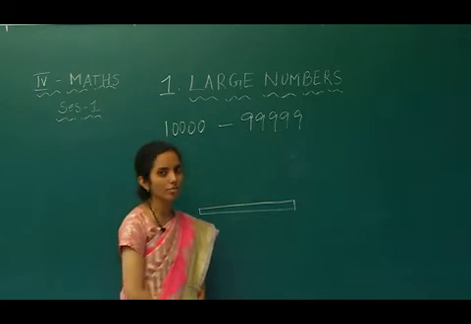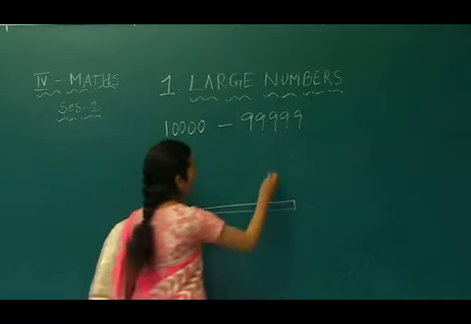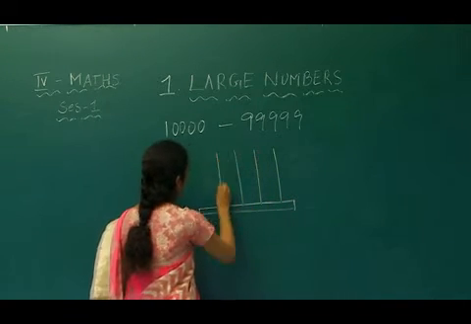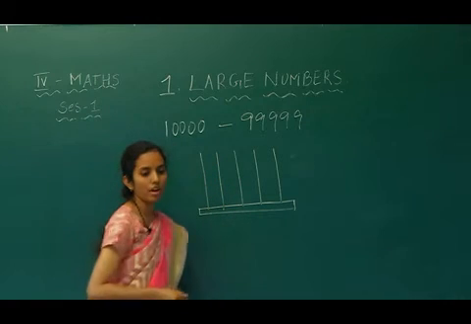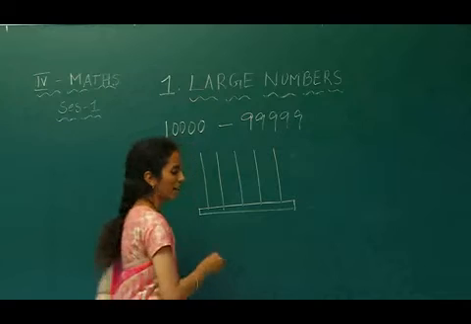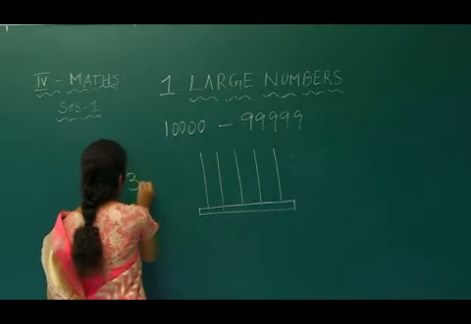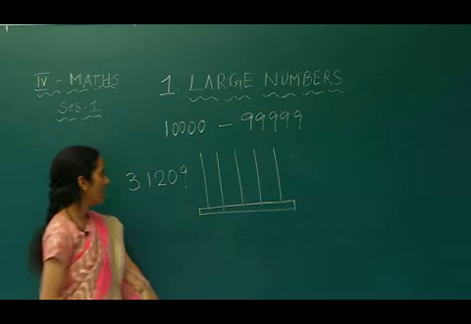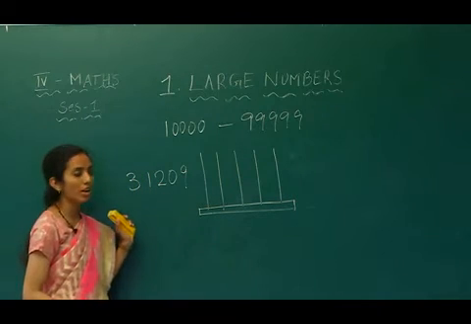Now we are dealing with 5-digit numbers, so take 5 spikes, 1, 2, 3, 4 and 5. So what is the number given in our textbook? Our number given in our textbook is 31209. How do we read it?